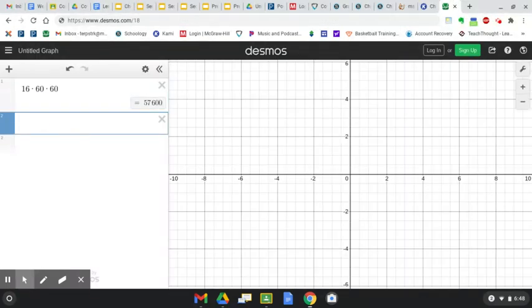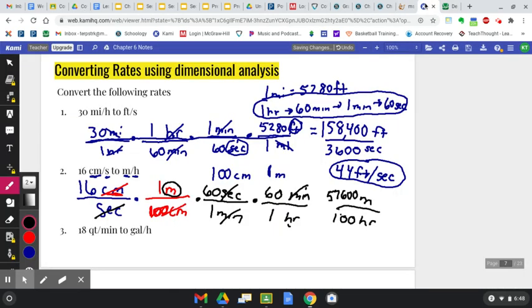Which should give me 576. And that is meters per hour, right? So if we go 16 centimeters per second, that translates to 576 meters per hour. All right.